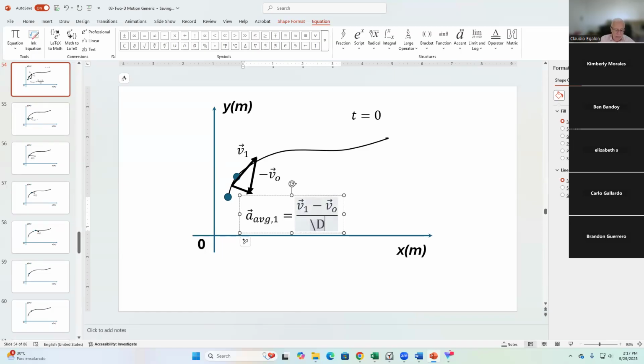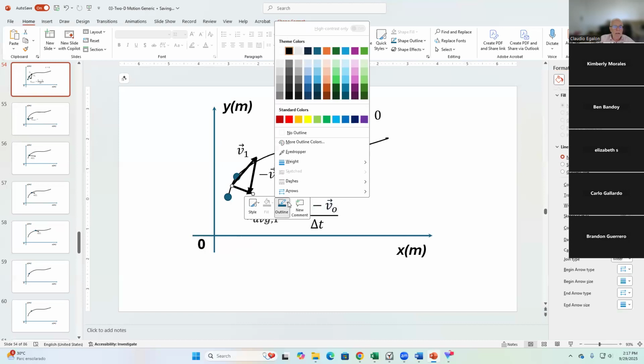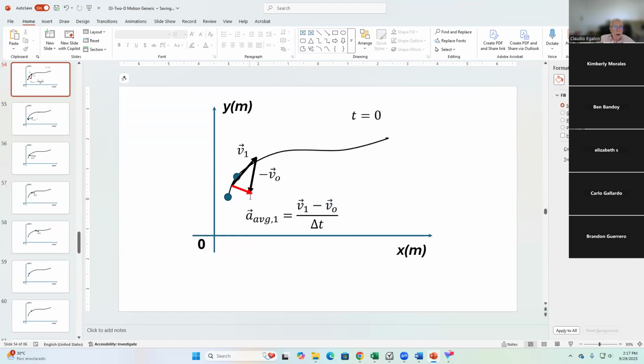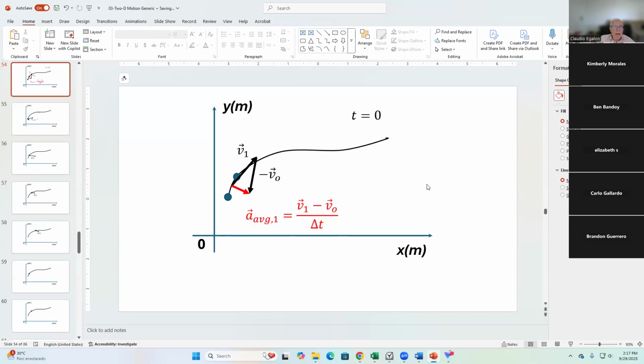Delta T is downstairs. Okay? And I'm going to put it in a different color so there is no doubt, and we've got to shrink it a little bit, right? And I put that in red color as well. Did you get the idea? Okay? That's an average acceleration vector.